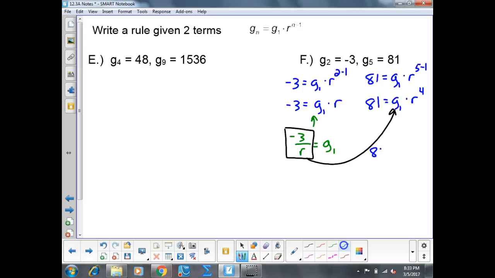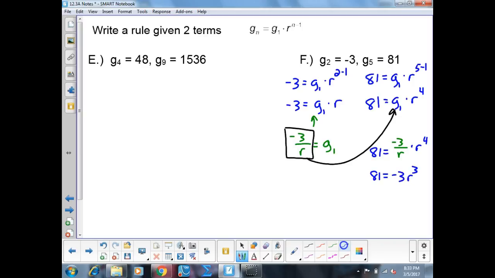So we get 81 equals negative 3 divided by r times r to the 4th. So this becomes 81 equals negative 3 r cubed.